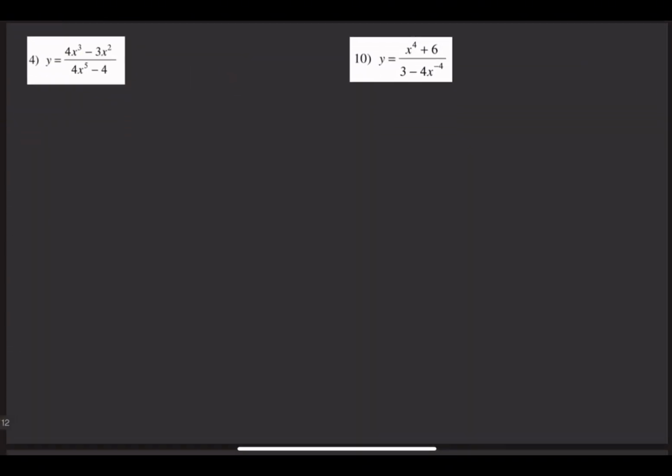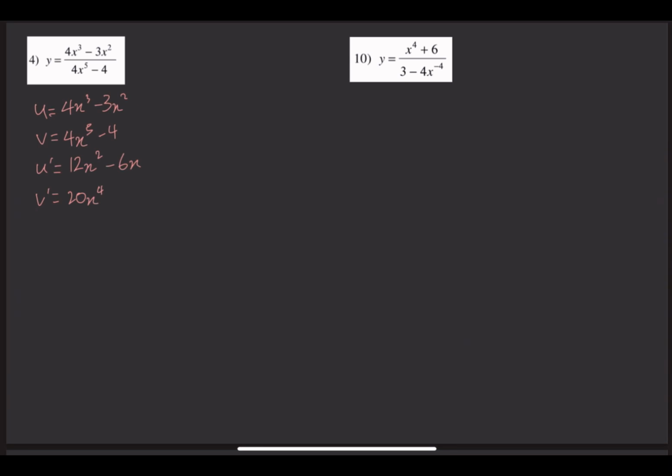Now, moving on to the quotient rule. So, remember, list out u as 4x^3 minus 3x squared, v equals 4x to the power of 5 minus 4, u prime and v prime. Right. Now, remember the rule?